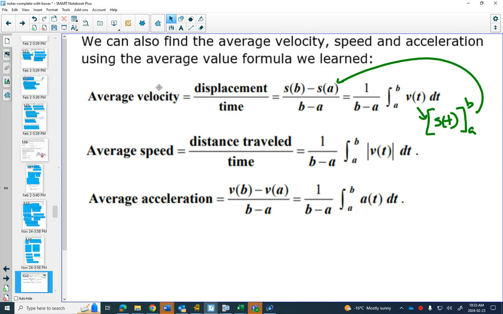If you wanted to find average speed, now we need to make sure that we have our absolute values in there. So this is a different thing than finding average velocity. Okay? Notice that when people are talking about these things, when they're actually driving, people always find average velocity.